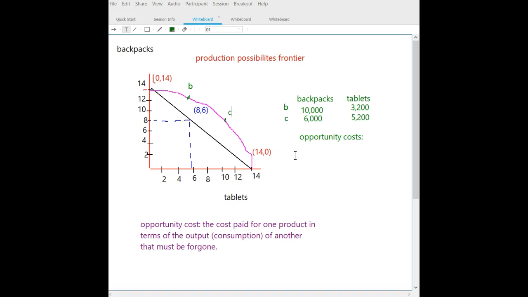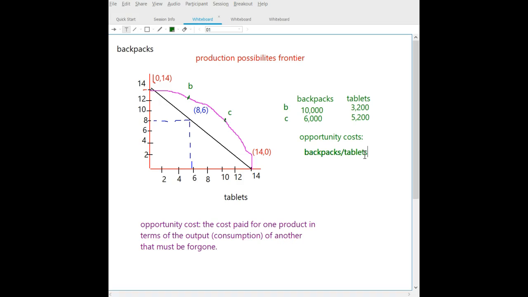Okay, so we want to calculate the opportunity cost of this example that we have here. We're going to want to divide backpacks by tablets. So how many backpacks per tablet? Think about division: when you're thinking of the numerator, you want backpacks, and in the denominator, in this case, tablets. So backpacks per tablet. How many backpacks do you give up by getting one tablet?